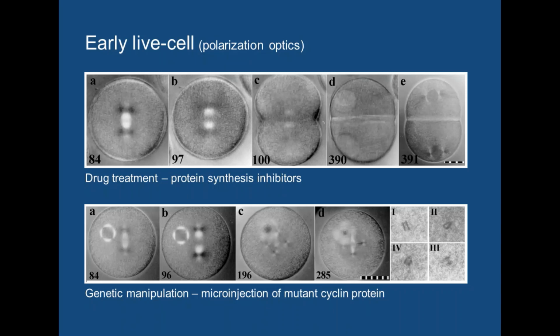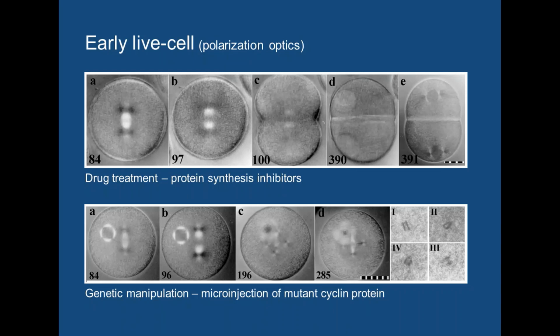We could do this to look at various drug treatments in the top set of panels. We could also do genetic manipulations by microinjecting a particular protein, in this case a mutant cyclin protein. And we combined these fairly rudimentary experiments with a sort of same cell approach where we would follow an individual cell to an endpoint.